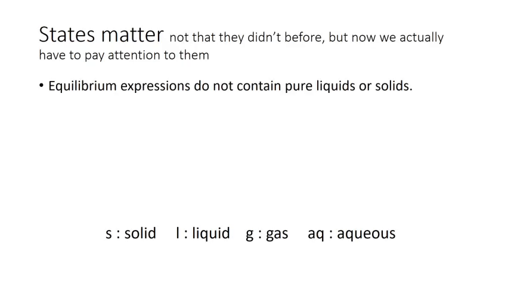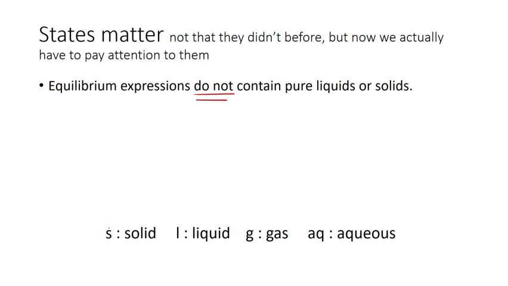So now we know our states: solid, liquid, gas. Okay, yeah, plasma as well, but we're not going to deal with any plasmas. And it becomes important that we know what state something is in our chemical reaction when we are dealing with equilibrium, because equilibrium expressions do not contain pure liquids or solids.